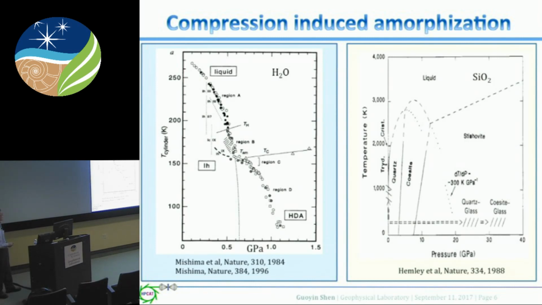As we compress quartz or coesite to over 20, 30 GPa, it has also been observed that the SiO2 gets amorphized. And that is also interpreted by the extended melting curves of both quartz and coesite. So pressure-induced amorphization has been observed extensively in many materials.